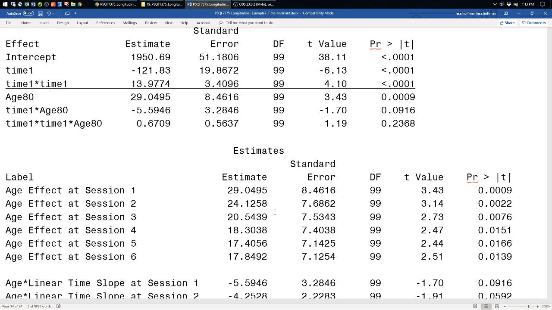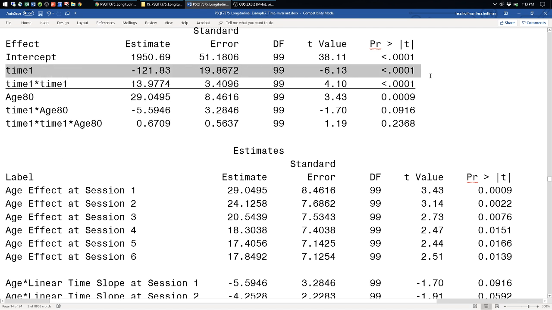What happens to it over time? What does the quadratic do? Yep, the linear rate of change becomes less negative by how much a session? And don't say 13. Is it half or twice?